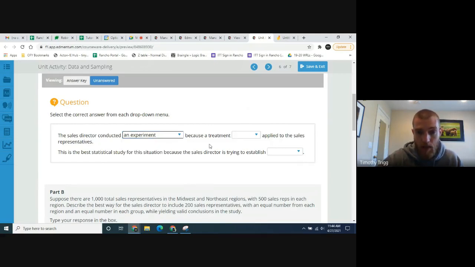So that's an experiment, because the treatment was applied to the sales representatives. This is the best statistical study for the situation because the sales director is trying to establish causality. So he's hoping to see that the training causes better sales for new stores.